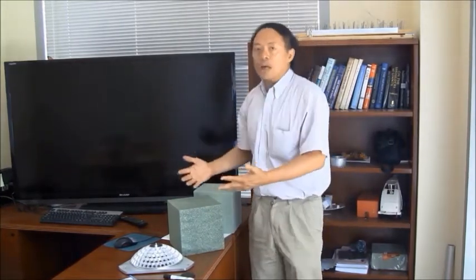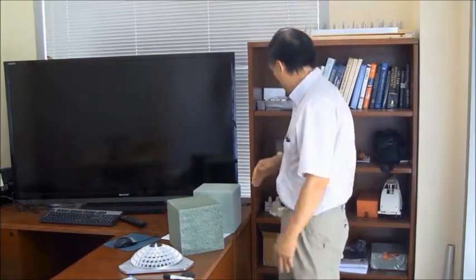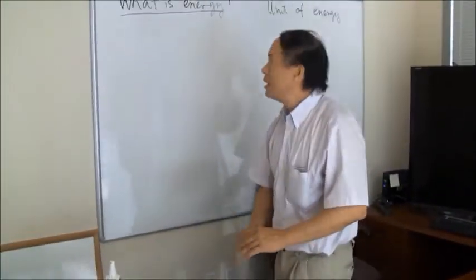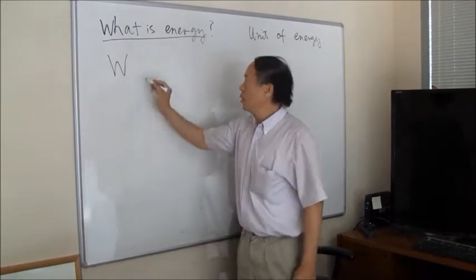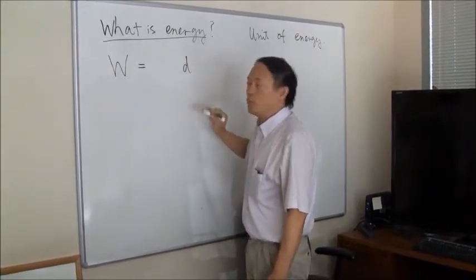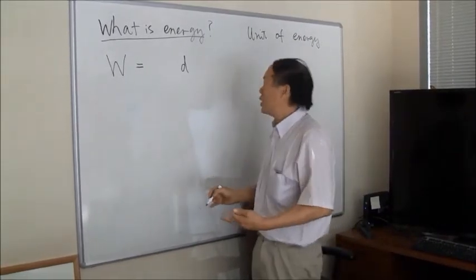So, in a sense, the amount of work is proportional to two factors. First, the height or the distance that I've moved the concrete block. So work is proportional to the distance I have moved. If I move twice the distance, I've done twice as much work.